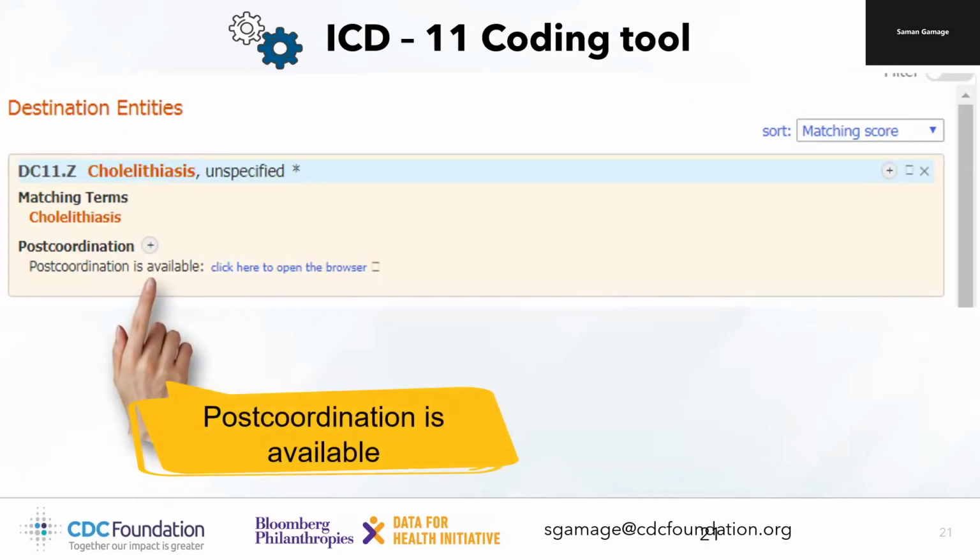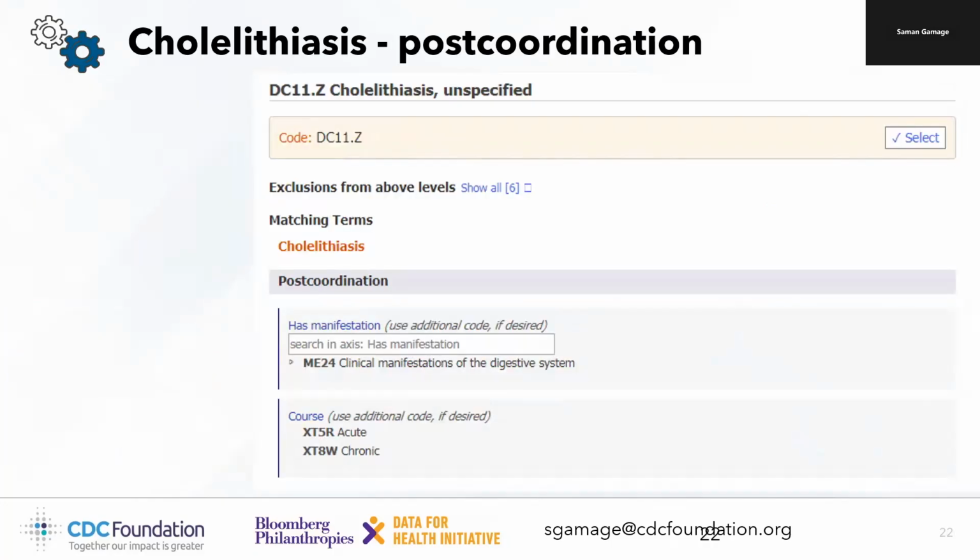The gray icon indicates that post coordination is available. So if you have additional information about the manifestation or the cause of the disease, it is possible to post coordinate and add this information to the diagnosis that you have already coded.